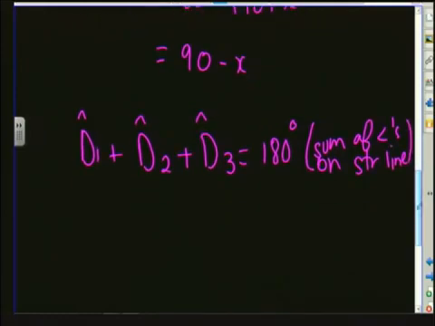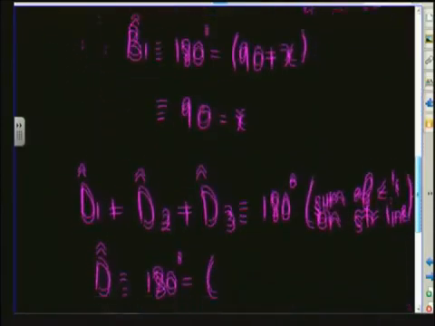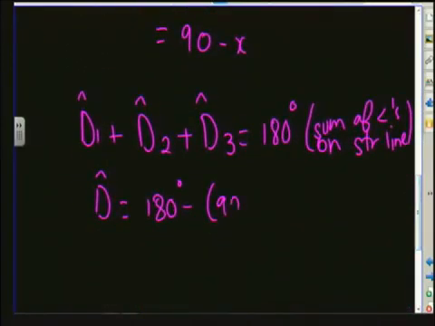All right, so therefore I can say that D1 is going to be equal to 180 minus the sum of D2 and D3, and if you look at your diagram, D2 was x, D3 was 90, so therefore the sum of them is going to be 90 plus x.